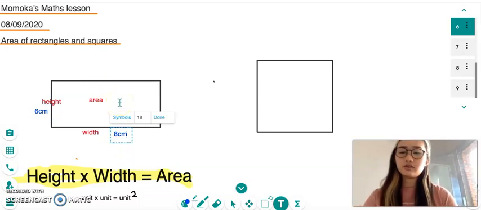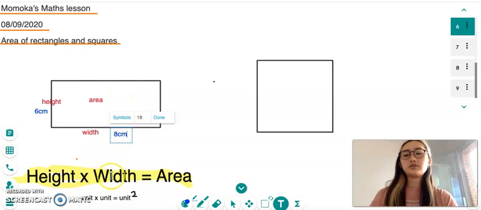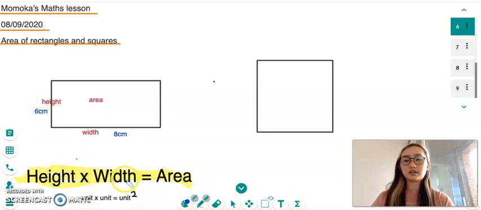Oh yeah, I forgot to mention. When you do this, you have to make sure the units of the width and height are the same. And when you get the area, you get units squared.